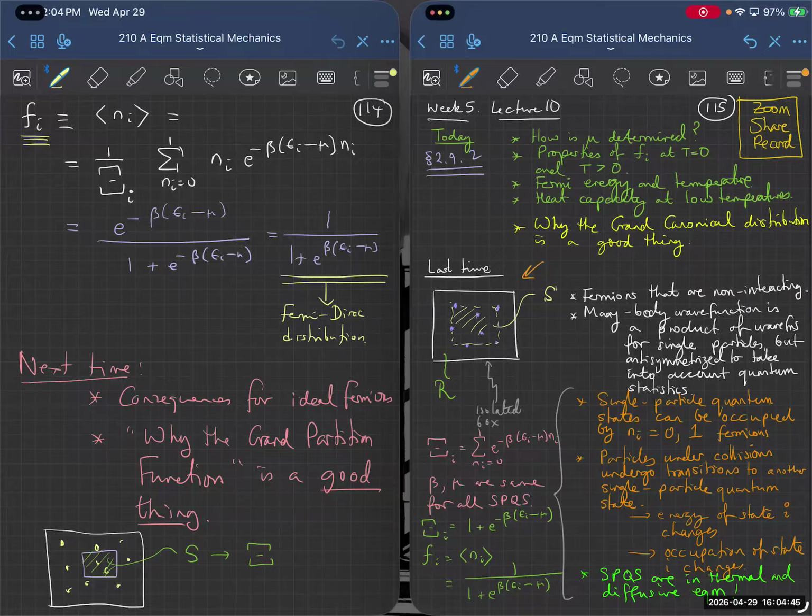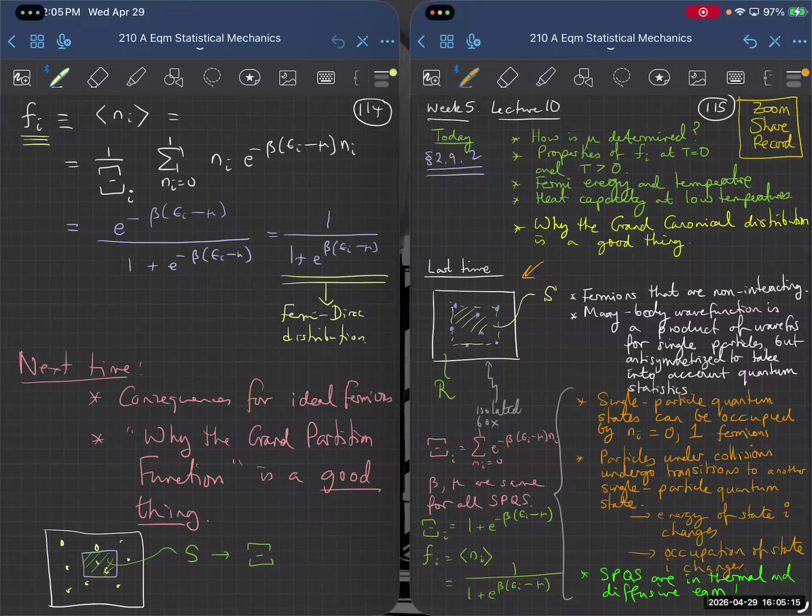Under those collisions, they transition between different single particle quantum states, so the energy of the state changes and the occupation number changes. We can think then of single particle quantum states as being an abstract system that is in thermal and diffusive equilibrium with other single particle quantum states. They're in thermal equilibrium because they exchange energy. They're in diffusive equilibrium because particles transition between the single particle quantum states.